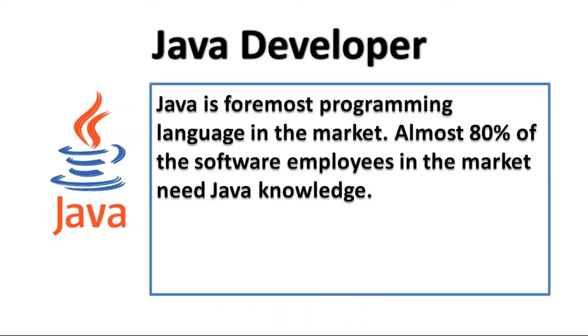Nowadays, Java has become so important that every software employee should have some knowledge of Java. Why? Because if you are learning Android, Android uses Java coding. So Android developers need Java. If somebody is learning Hadoop, Hadoop also works on Java. So Hadoop developers also need Java technology.